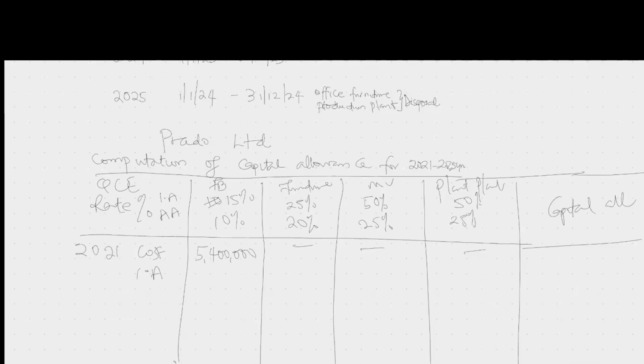The initial allowance is not relevant. So all I'm going to do here is divide this by 10 and multiply by how many months this asset is used in this year. From March to December, that is 10 months.